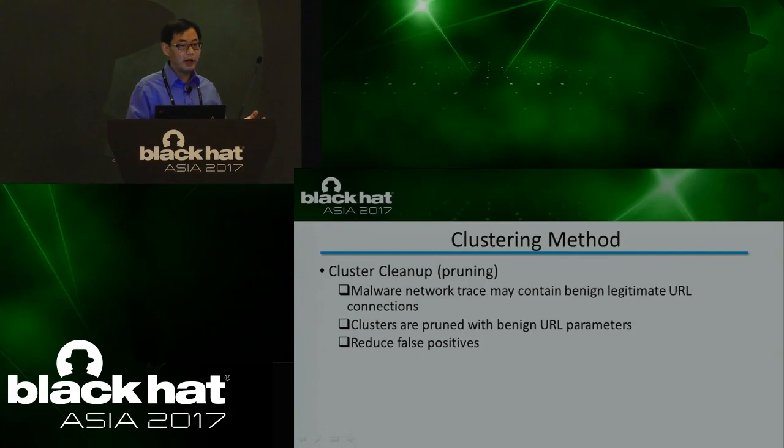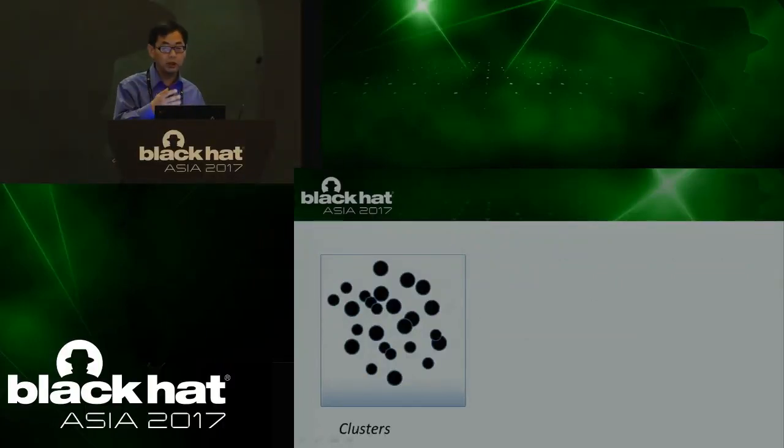The next one is, because in our clustering we don't use benign white data, but we do have these things within our clusters. Once we see that a cluster is similar to white samples, that will be a false positive. So we use the benign samples to do the cleanup, the pruning.